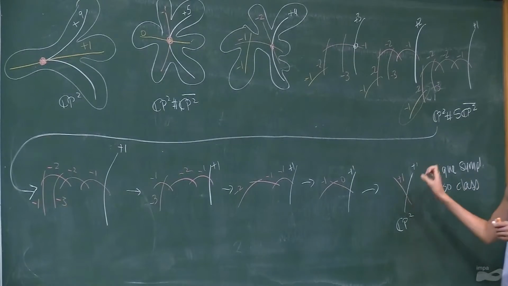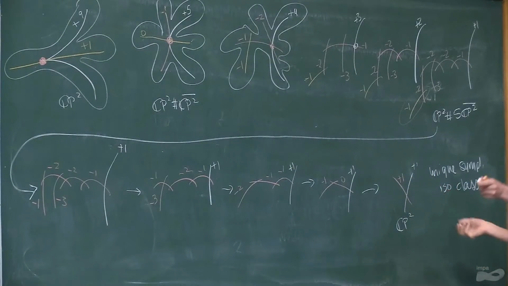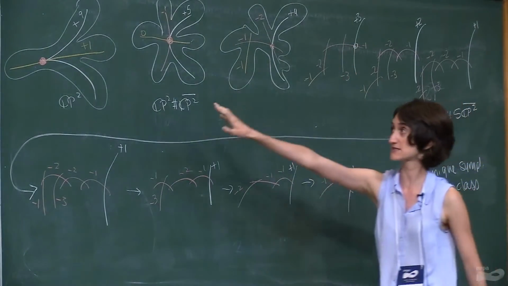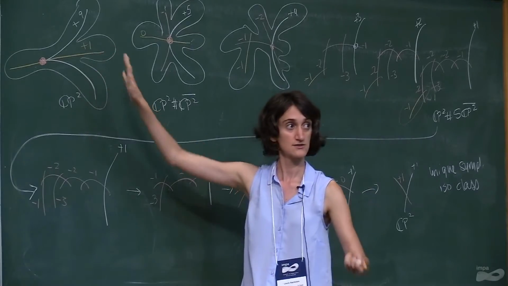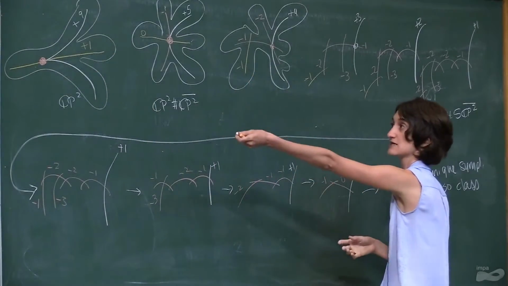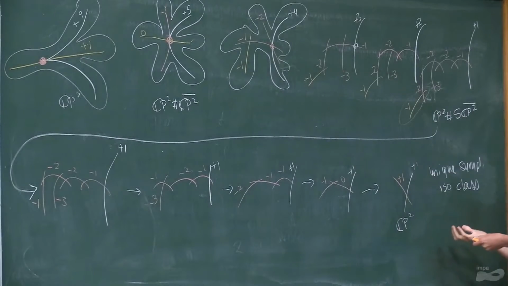And the family of the lines that connect them will blow up and then blow back down to give me a family of curves connecting these guys. So I kind of translate my difficult problem into an easier problem.